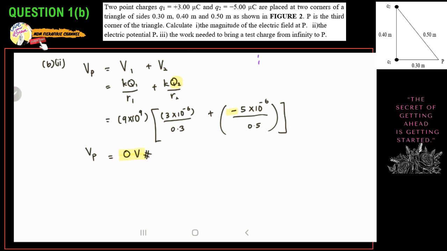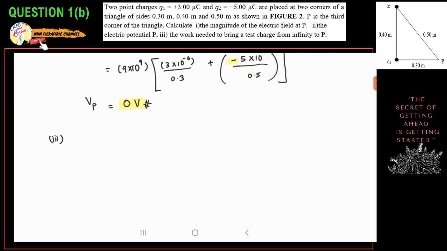And the last one, the third, B3. The work needed to bring a test charge from infinity to point P. Let's say this is the point P just now. So let's say we have a test charge, Q0. We want to bring this test charge from infinity.